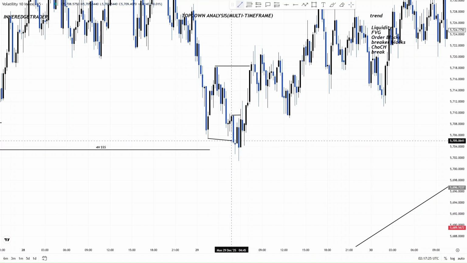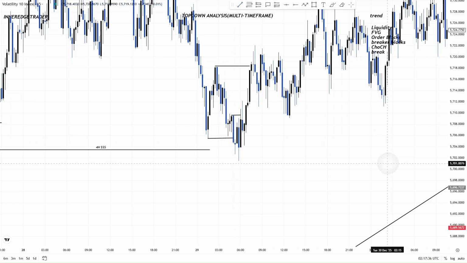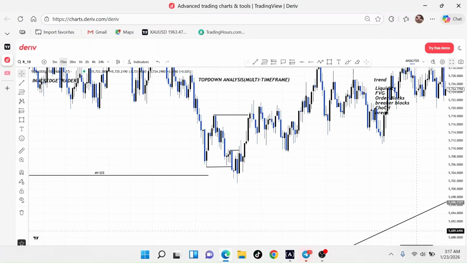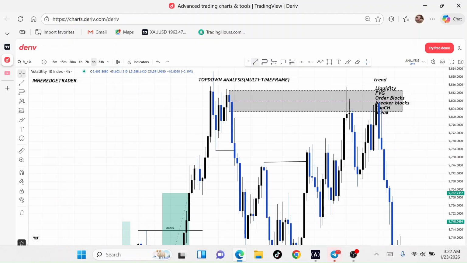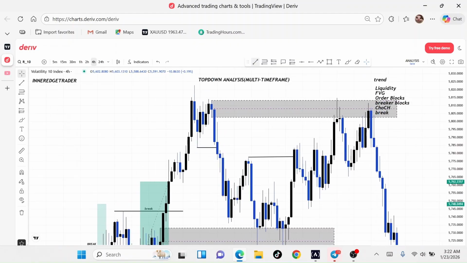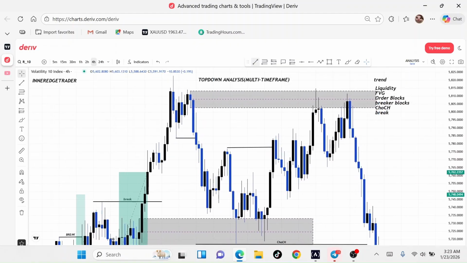After the market created a sweep, it started making lower lows on the 4 hours, lower lows that kept on for quite a while before reaching the point of interest.